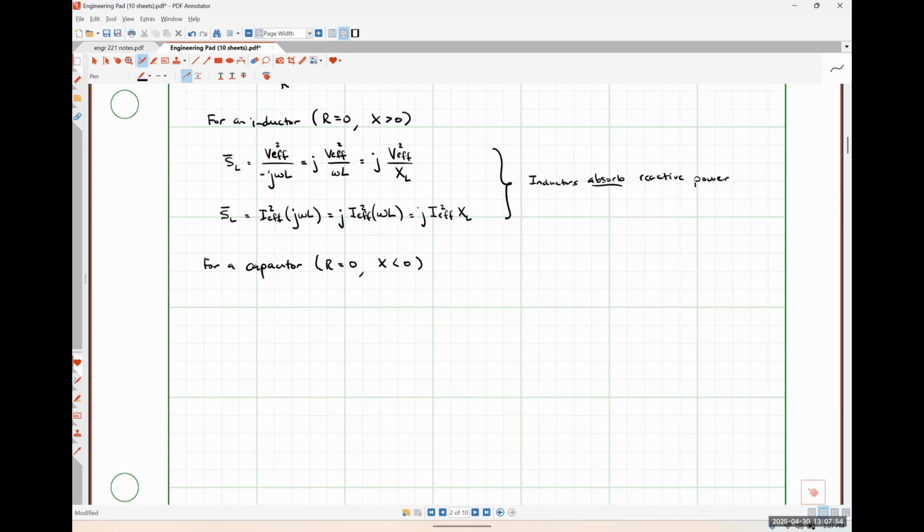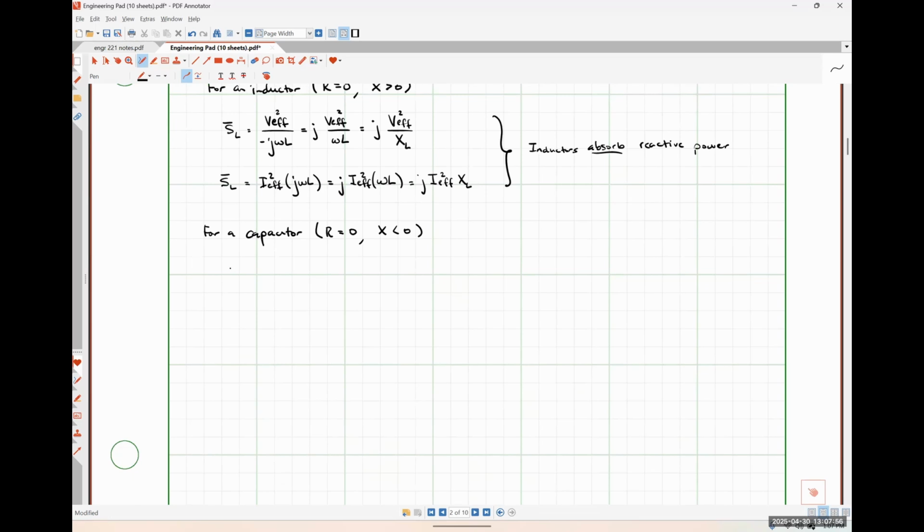Okay. So in this case, we could say that S sub C is going to be V effective squared divided by, here's 1 over J omega C.